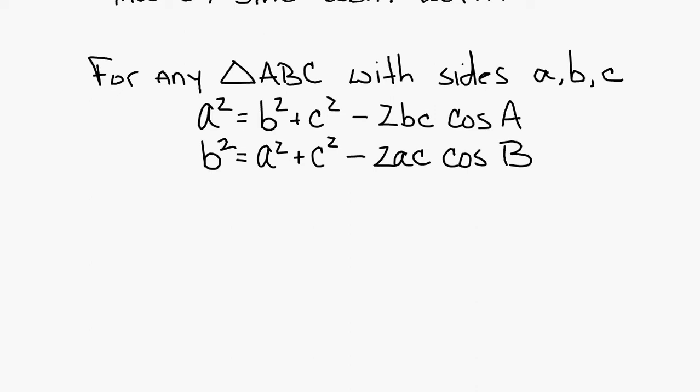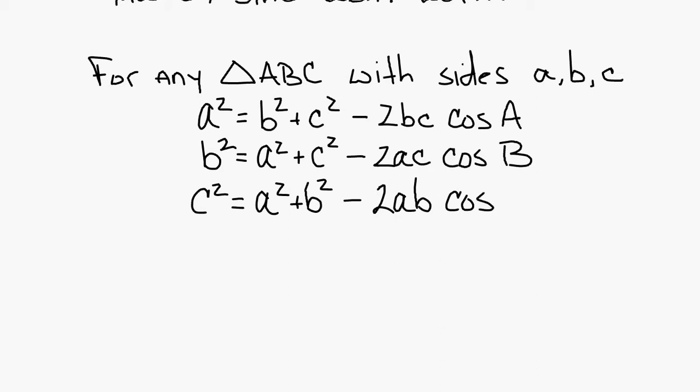Okay, so C squared is equal to A squared plus B squared, minus 2 times the two letters that are on the right hand side, A times B, times cosine of the letter that's on the left side of the equal sign, which is C. So really, you just have to remember this one.